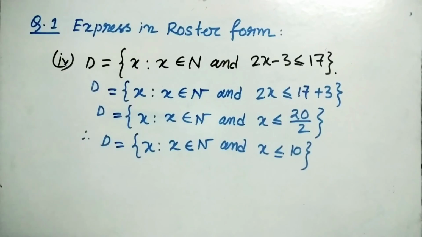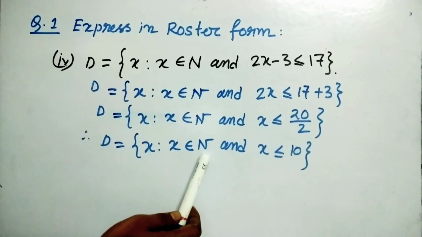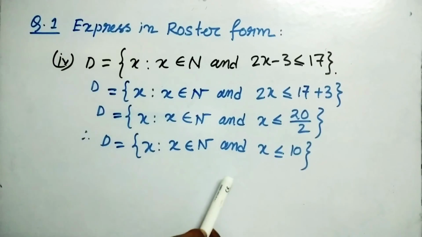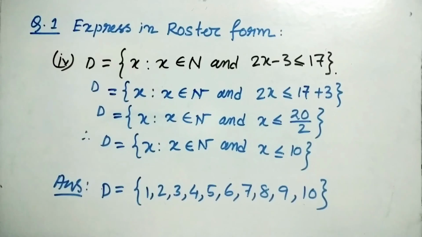So ultimately the condition is x belongs to N and x is less than or equal to 10. Because this equal to sign is here, so we have to consider this 10 also. Because natural number starts from 1, so we have to take from 1 up to 10 because x is less than or equal to 10. And this is the representation of this set in roster form.